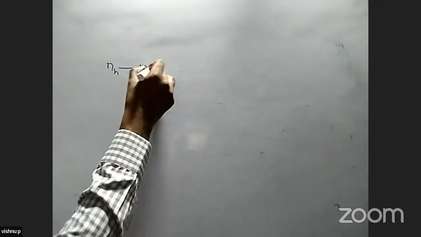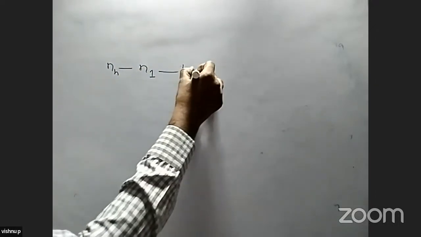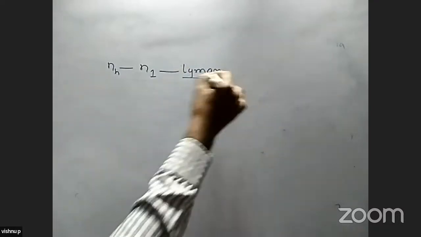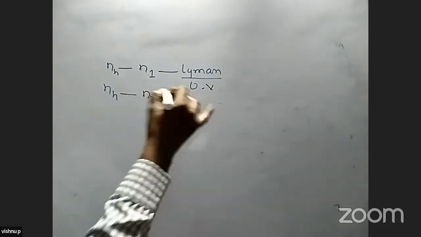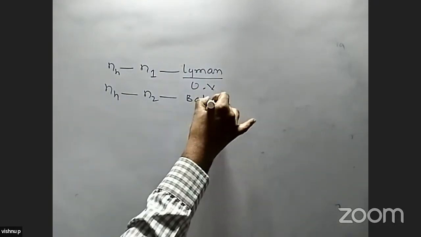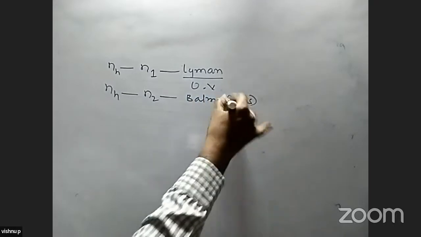Any higher level to the first level gives the Lyman series, which is in the UV region. Any higher level to the second orbit gives the Balmer series, which is in the visible region.